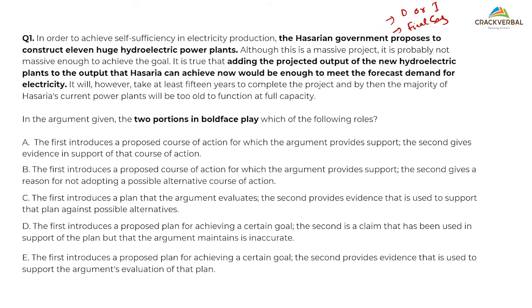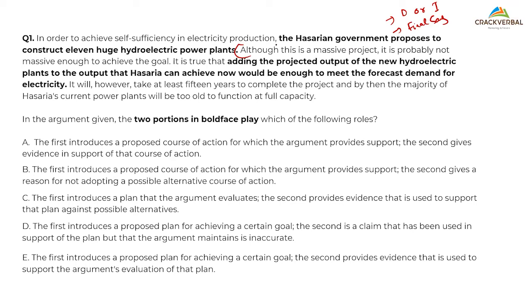Let's start. In order to achieve self-sufficiency in electricity production, the government proposes to construct 11 huge hydroelectric power plants. Okay, so there's a proposal. Obviously, this proposal is a fact, but it is a proposal. Although this is a massive project, it is probably not massive enough to achieve the goal.